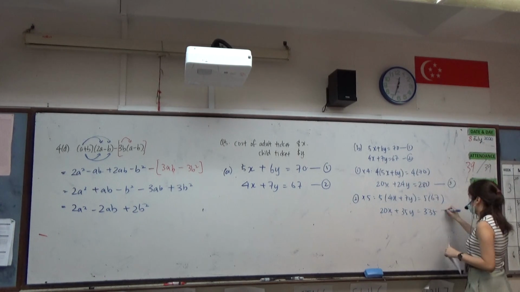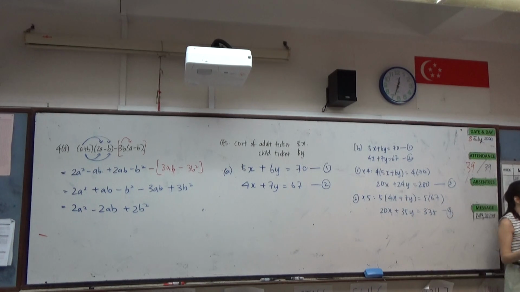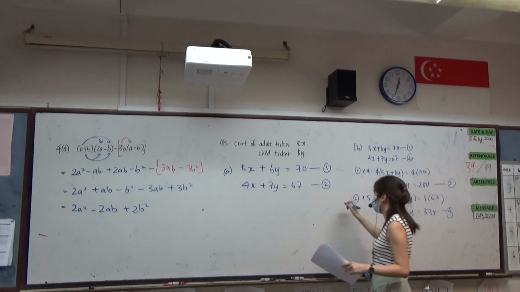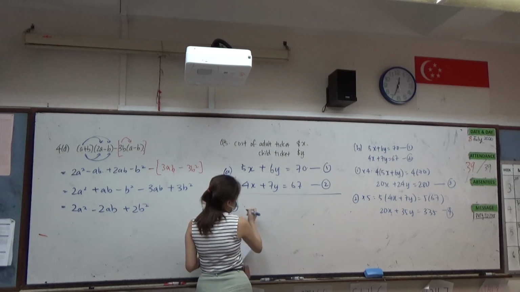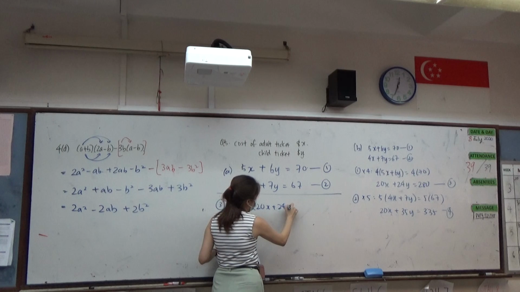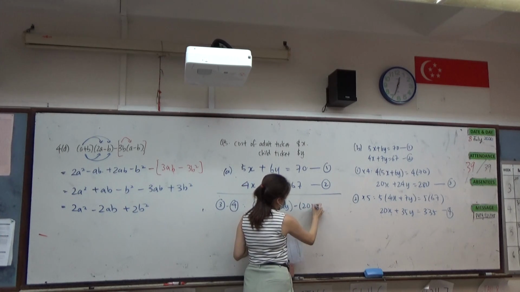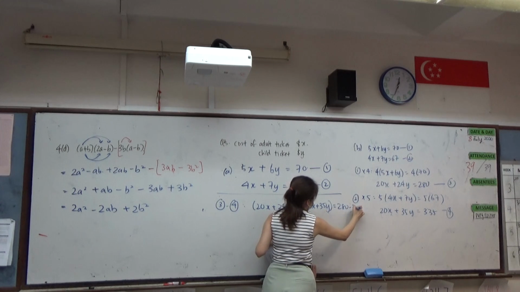Such that I have my equation 3 and equation 4. Then now I see that I have 20x that is in common in both equation 3 and 4. I will do my elimination. Okay, I'll continue here. Equation 3 minus equation 4, that will be 20x plus 24y minus 20x plus 35y equals to 280 minus 335.